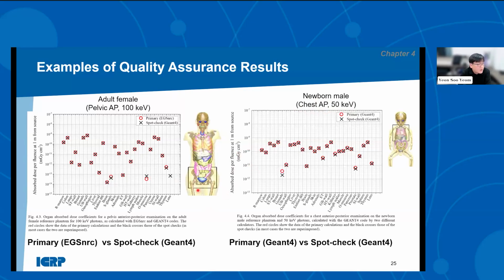Of course, you can see some disagreement in some organs, but these organs are completely out of the beam field, so the statistical error is quite large. That's why we can see some variation.